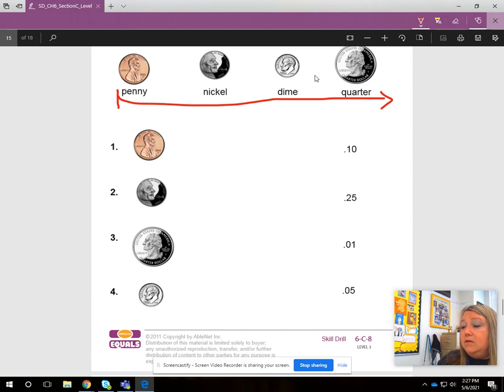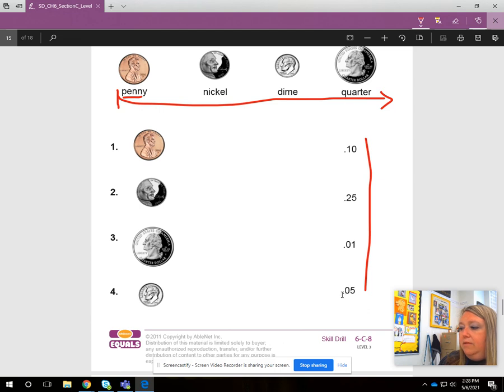Okay, so let's look at number one. Number one is the penny. Penny matches this one right up here. It's the smallest amount, isn't it? Because it's down here at the beginning. So the smallest amount over here, so I have to look at these.